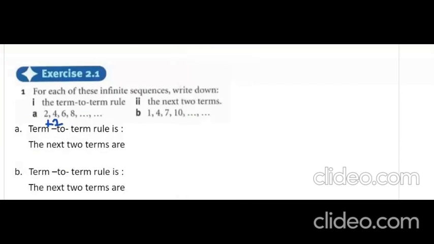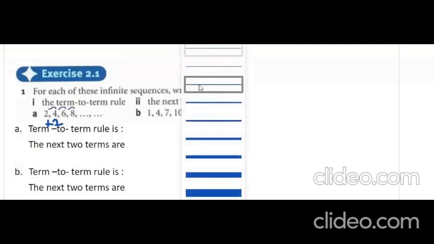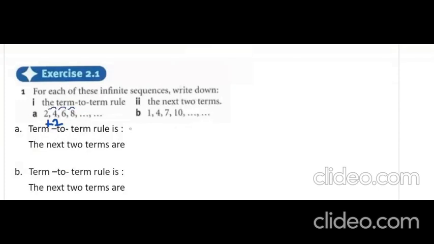When you add 2 plus 2 you get 4, and 4 plus 2 you get 6, and 6 plus 2 you get 8. So the term-to-term rule is definitely add 2.